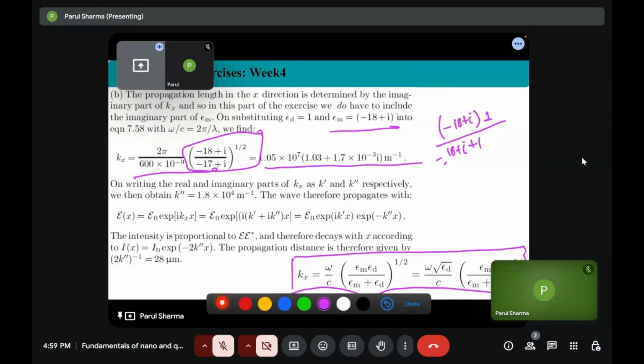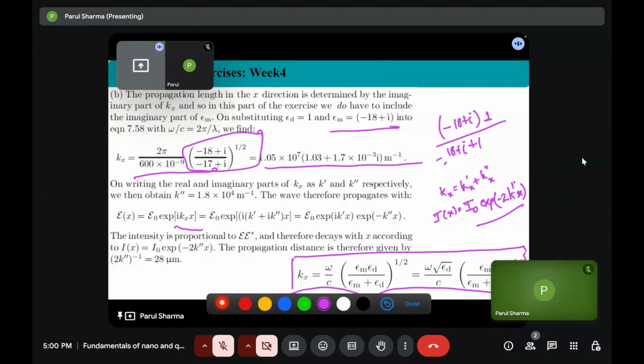So if we want to write the wave equation, how the wave is propagating, we have to consider k prime and k double prime. So E naught exponential i kx x, where kx is equal to k prime x plus i k double prime x. Intensity is proportional to E times E star, which goes as exponential of minus 2k double prime x.